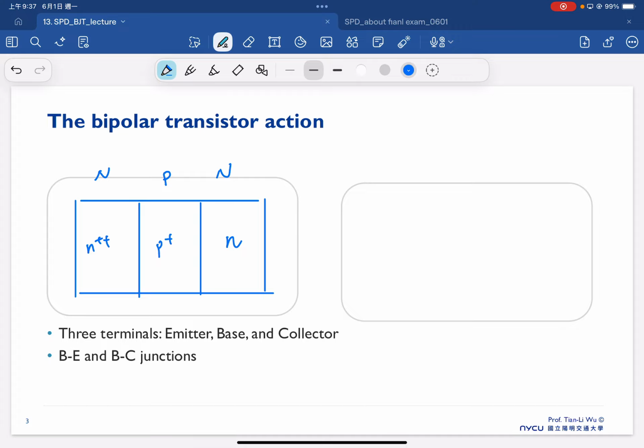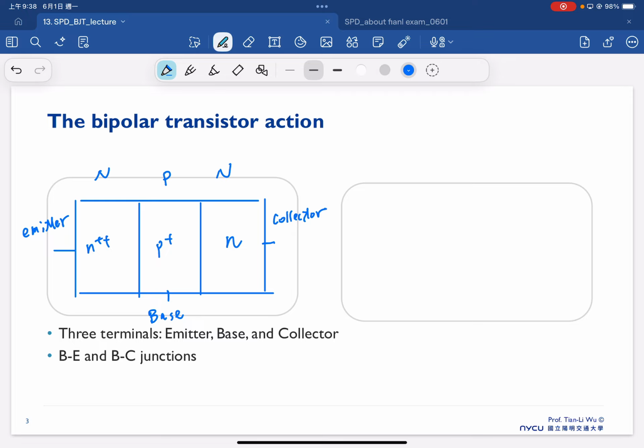The left-hand side we call the emitter, the middle we call the base, and the right-hand side we call the collector. So those are the names of the three terminals for the NPN BJT: the emitter, the base, and the collector.